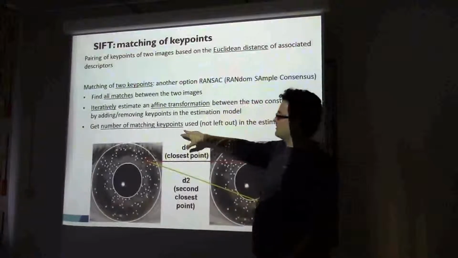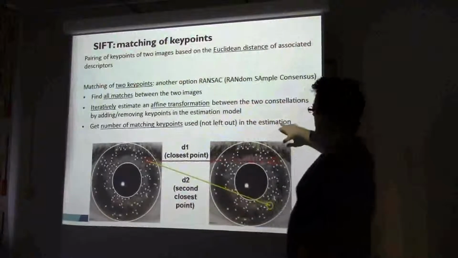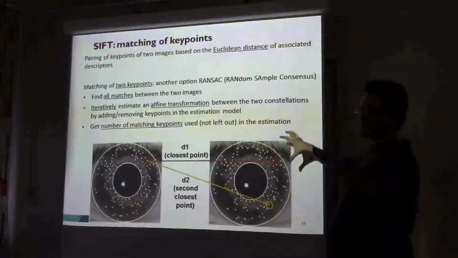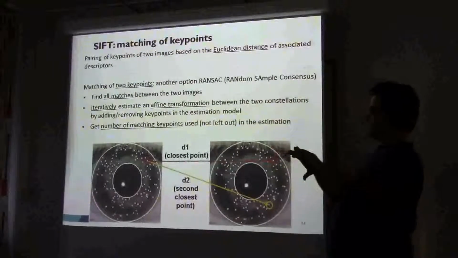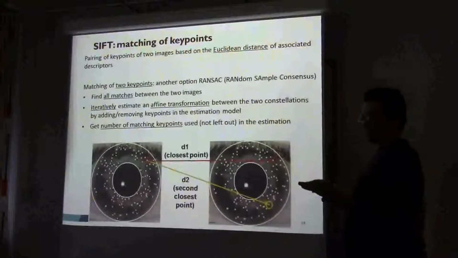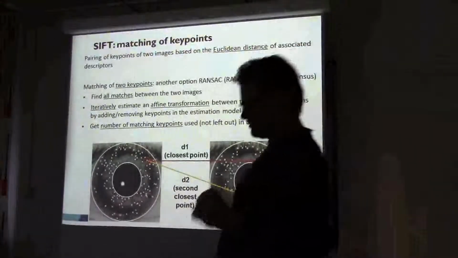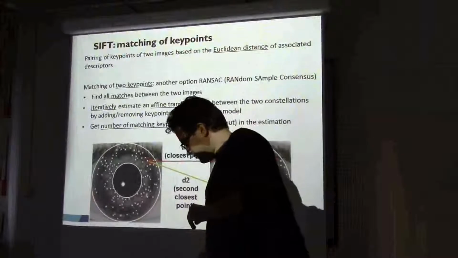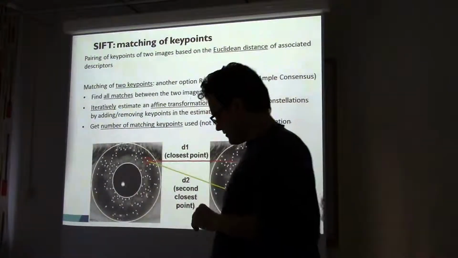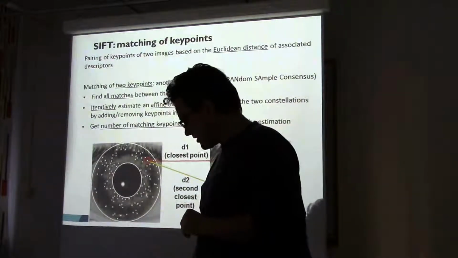Then you take the number of points that you are using in your estimation as a measure of how many points are in common between the two images. Right? These are different ways of finding matches between two images.